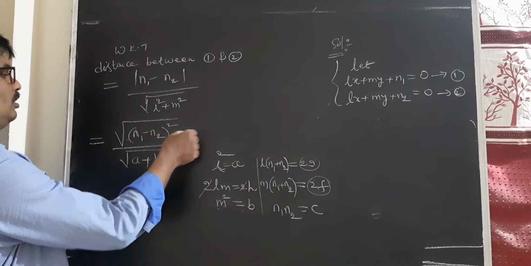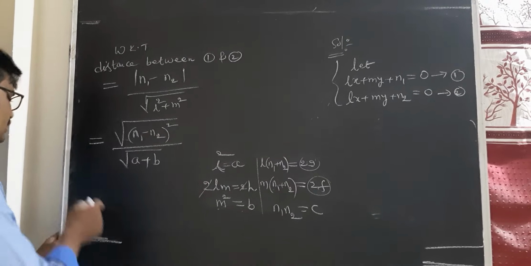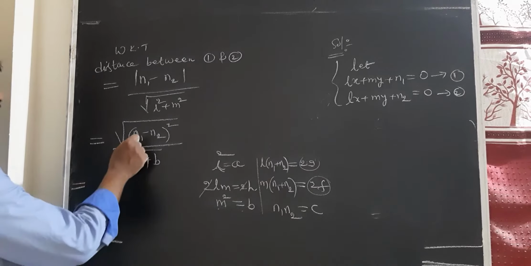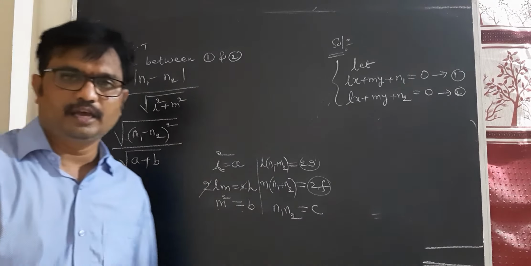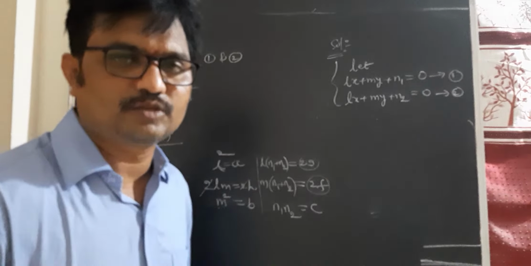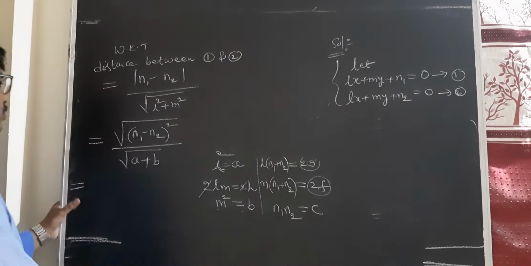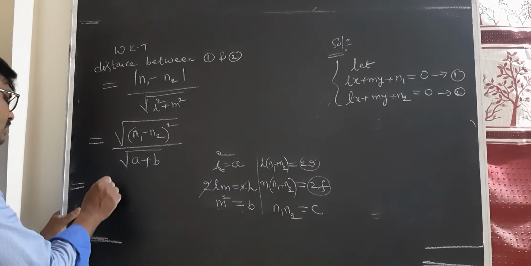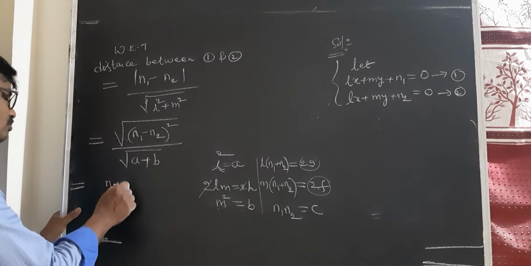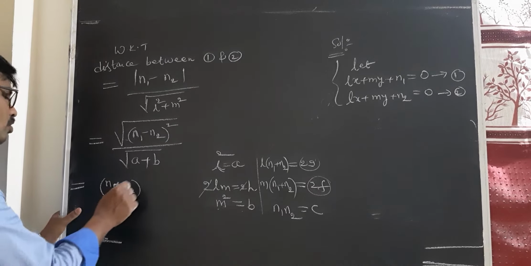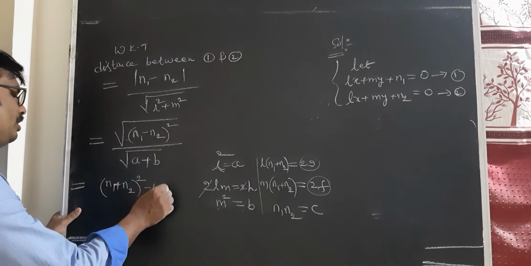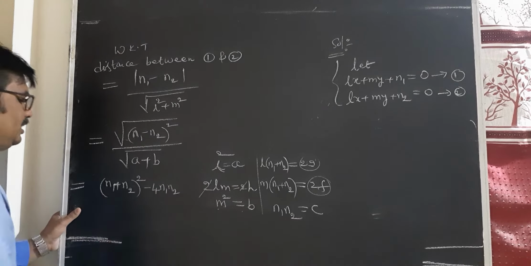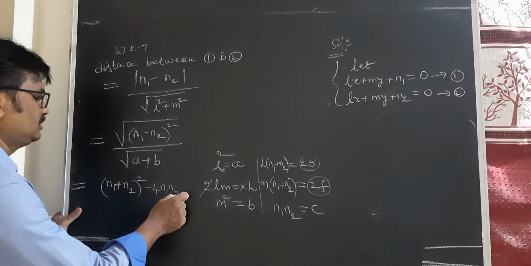Now everybody knows that n1 minus n2 whole square is n1 plus n2 whole square minus 4 n1 n2. We have to take it in terms of n1 plus n2 whole square minus 4 n1 n2.